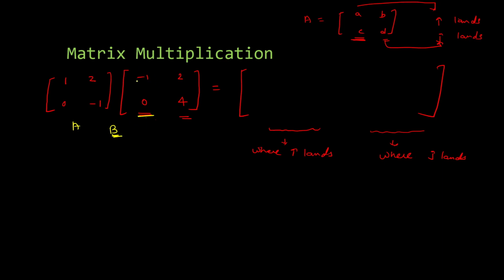If I again apply one more transformation to that new vector by matrix A, where will it land? So what I want to see is the multiplication of my first matrix on the first column of this matrix, and this should give me the coordinate where i hat lands. Let me try to do this computation.